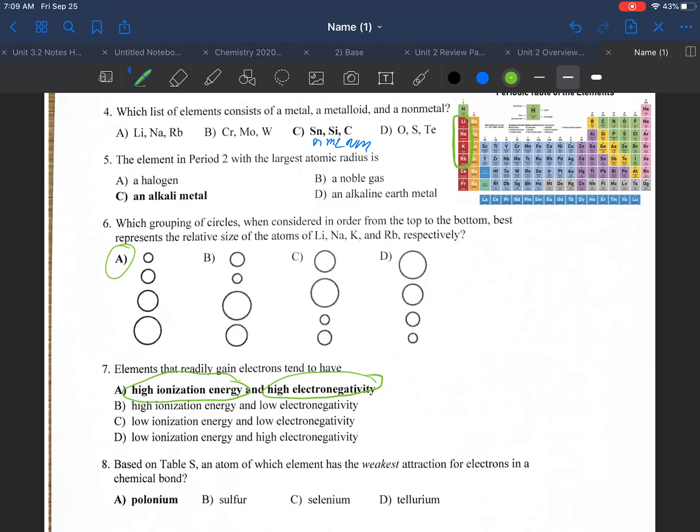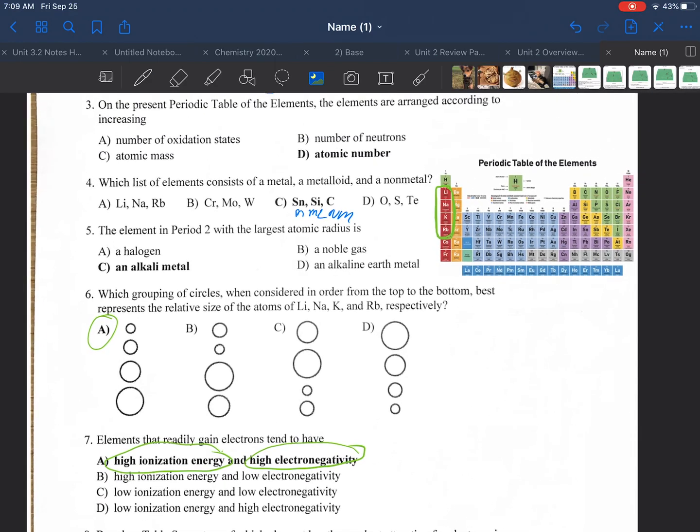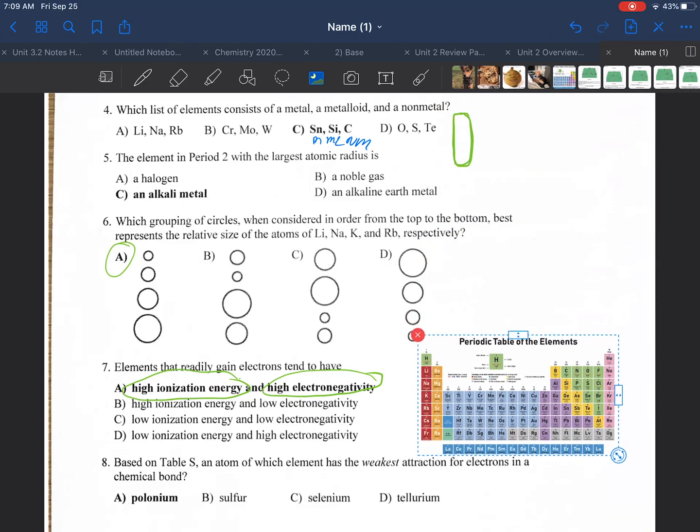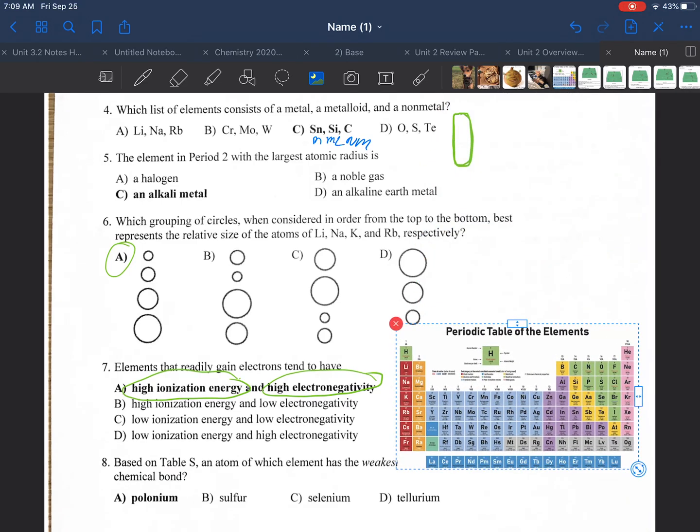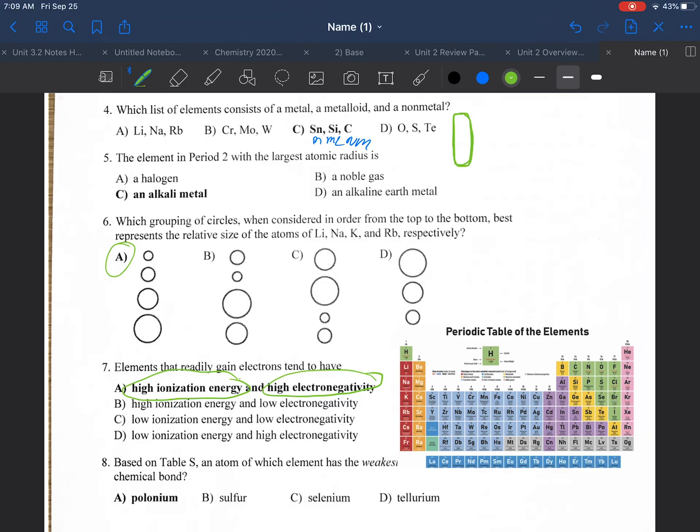This one says, based on Table S, which element has the weakest attraction for electrons in a chemical bond? So this is asking which one has the weakest electronegativity. If we look at the elements that it's talking about, I will bring this table back down. We are looking at these guys here.